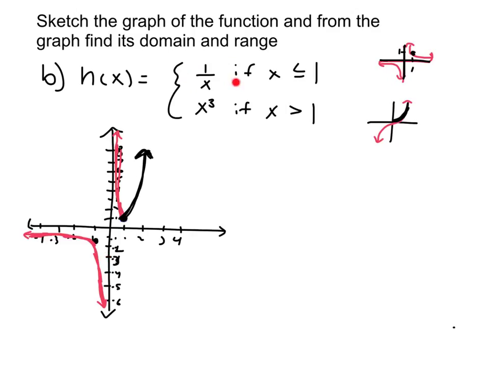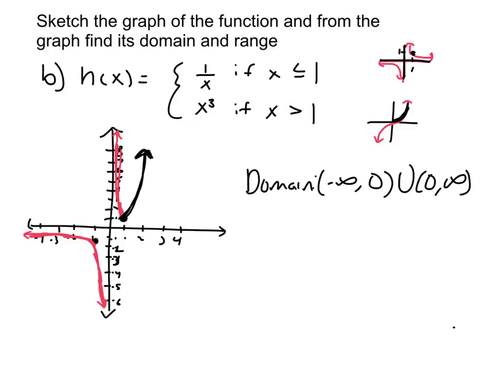As a matter of fact, if you were to plug in 0 here, you'd have 1 over 0, which is undefined. So x equals 0 is not allowed. It's not part of the domain. And then in this direction, all the way to infinity, you have values of x. So the domain is negative infinity to 0, and then 0 to infinity. Remember, this soft bracket doesn't include 0.